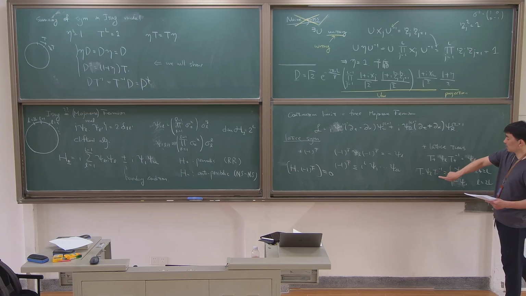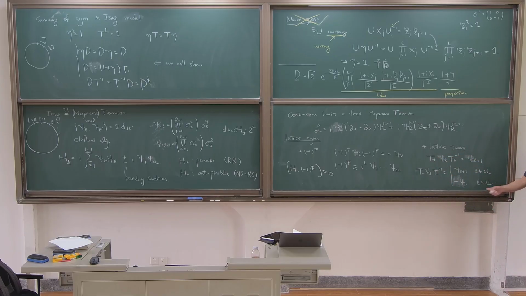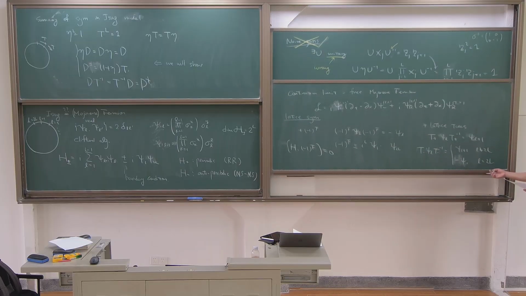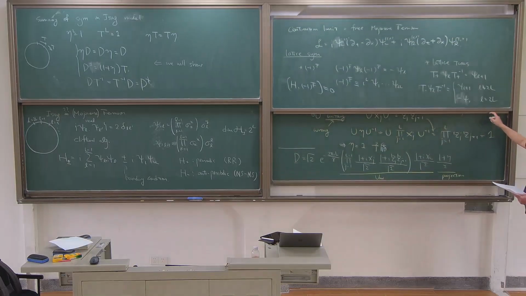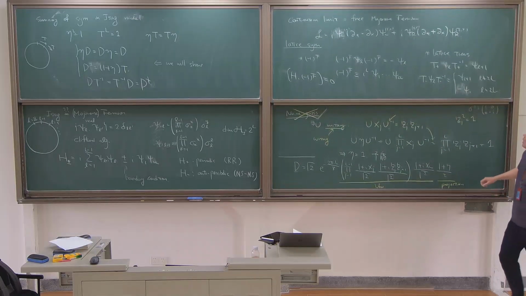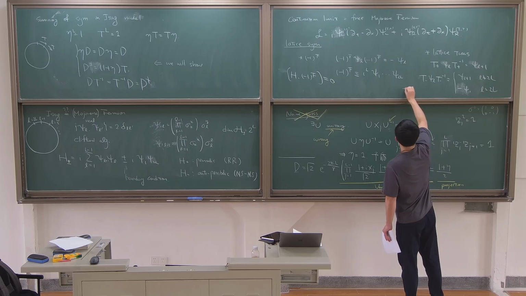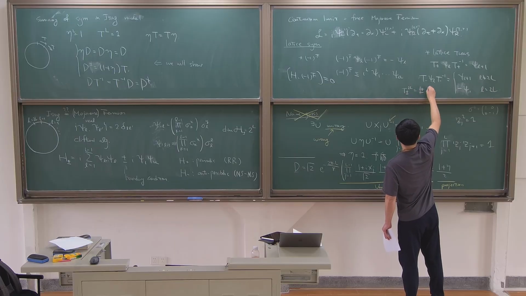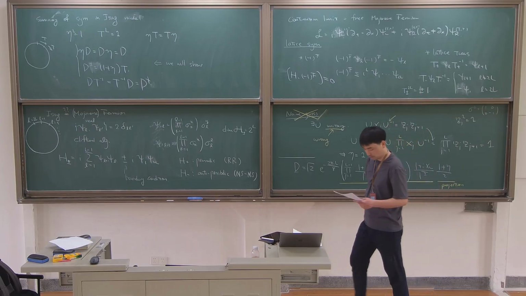So for T minus and T plus, you have to distinguish the boundary condition for the translation. So it's clear that T plus to the 2L is equal to 1. On the other hand, for the minus sign, you get the minus sign. Okay, so that's what we have.